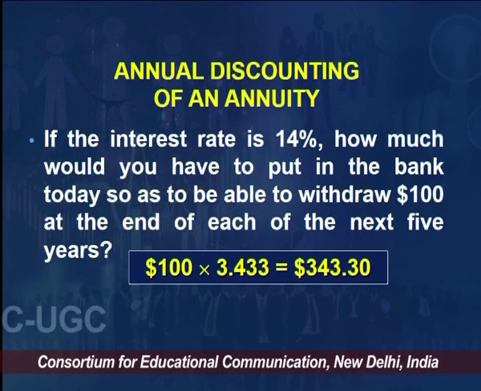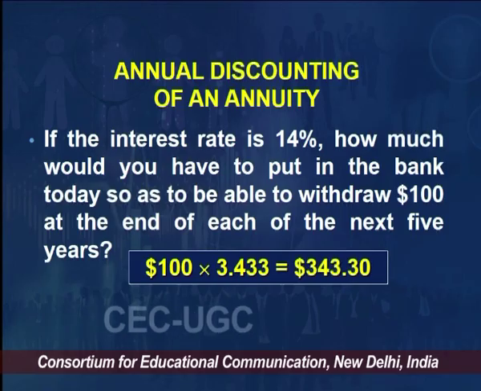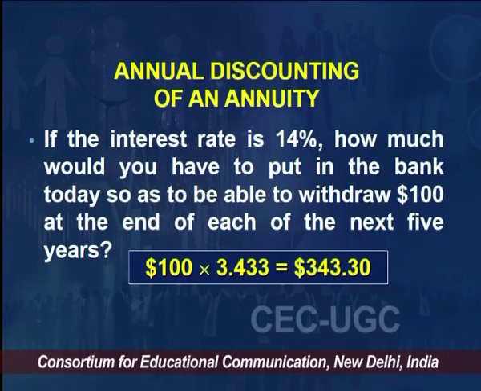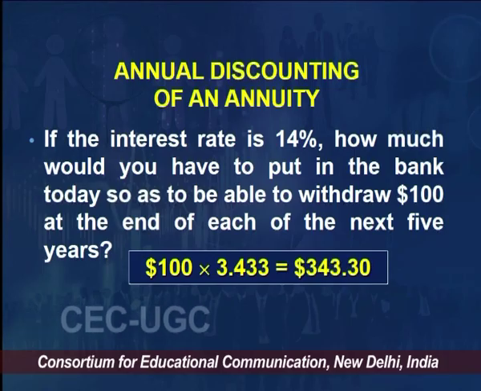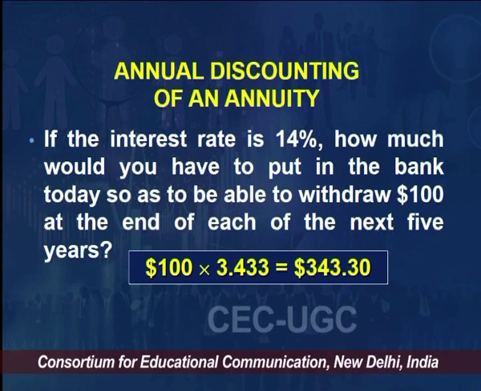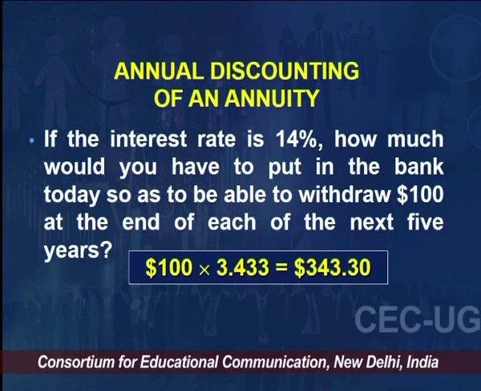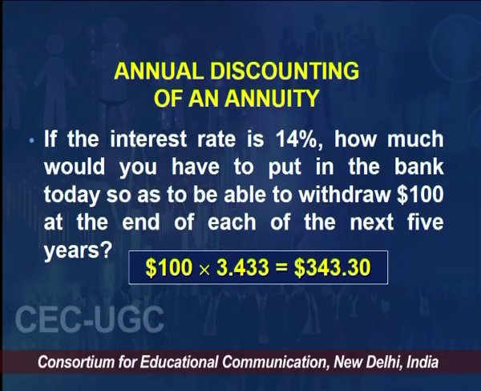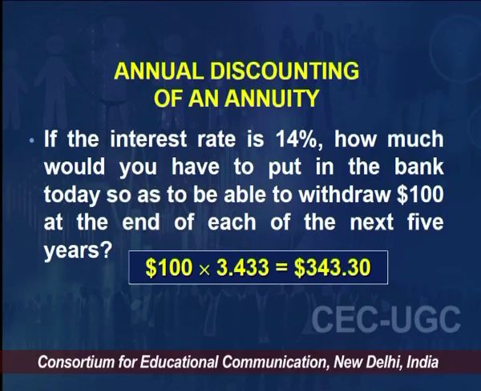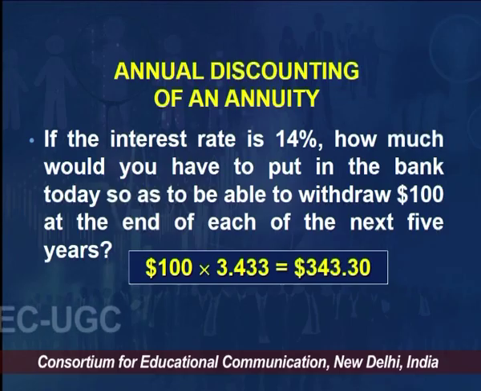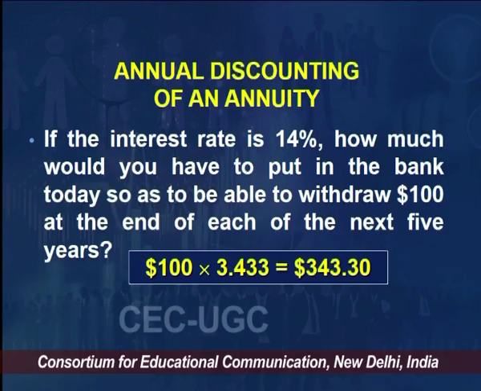So, let us take up another example here. If the interest rate is 14%, how much would you have to put in the bank today so as to be able to withdraw $100 at the end of each of the next 5 years? So, you want to take $100 every year for the next 5 years, so we are talking about the ordinary annuity, not the annuity due.